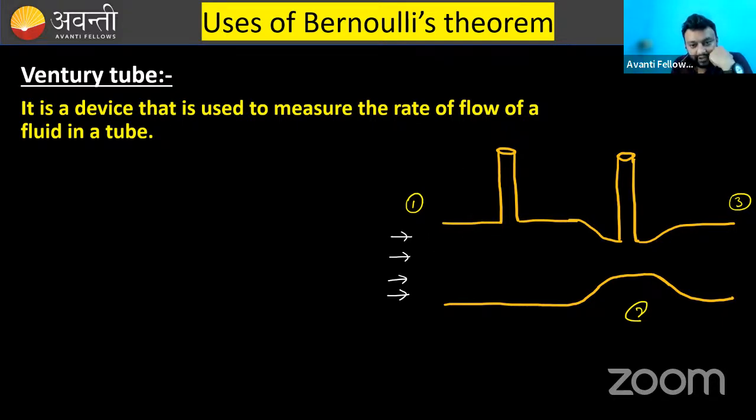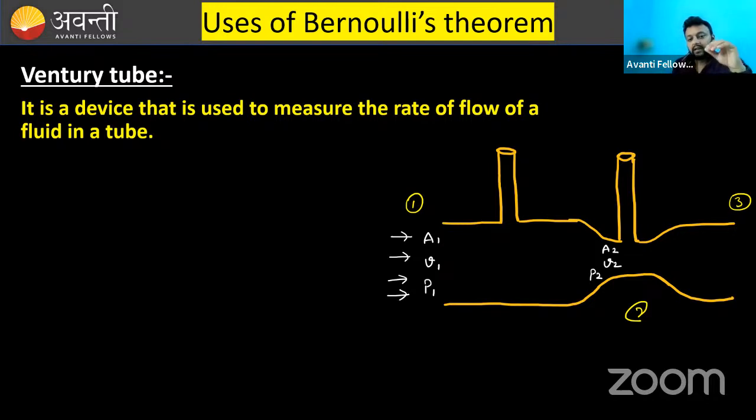Let's suppose area of this portion is A1, velocity in this portion is V1 and pressure is P1. And in the second cross section, area is A2, velocity is V2, and pressure is P2. Clear?